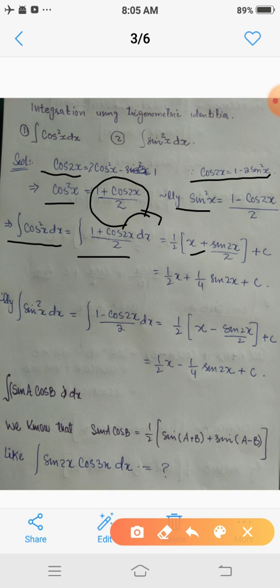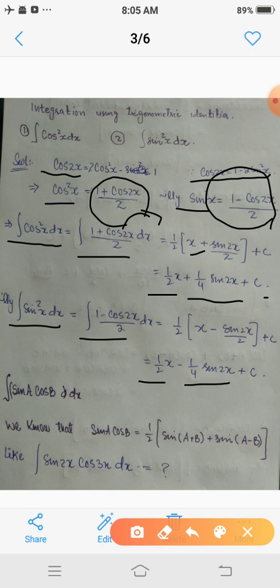Hence the indefinite integral of cos square x is 1 upon 2 x plus 1 upon 4 sine 2x plus c. Similarly, for sine square, substituting (1 minus cos 2x) upon 2 and integrating, we get 1 upon 2 x minus 1 upon 4 sine 2x plus c.